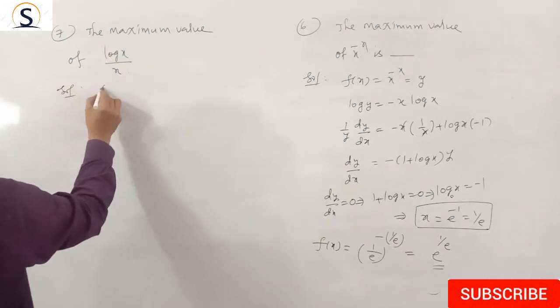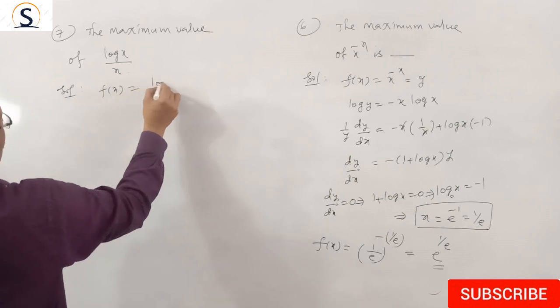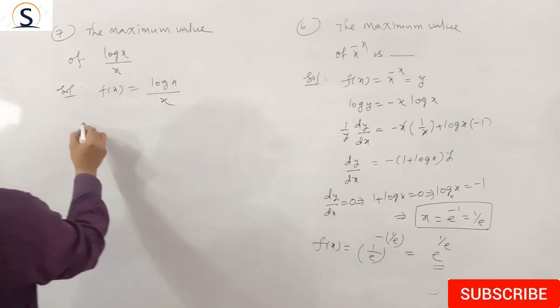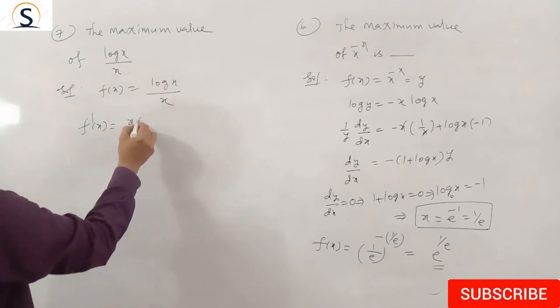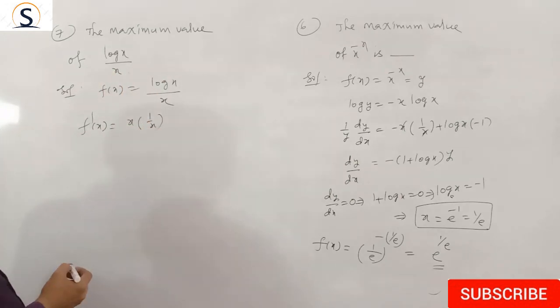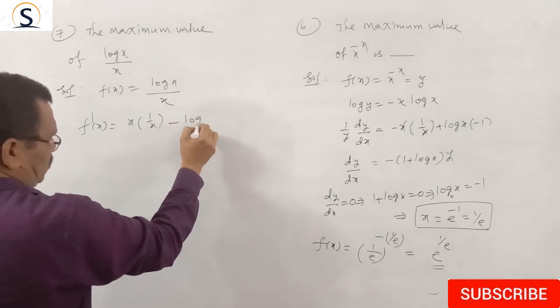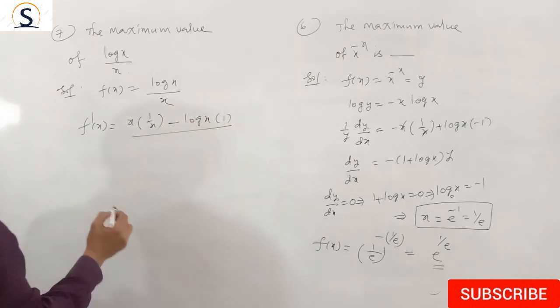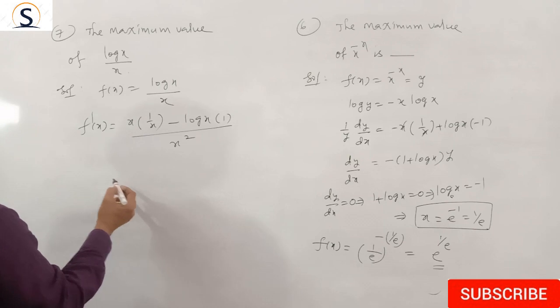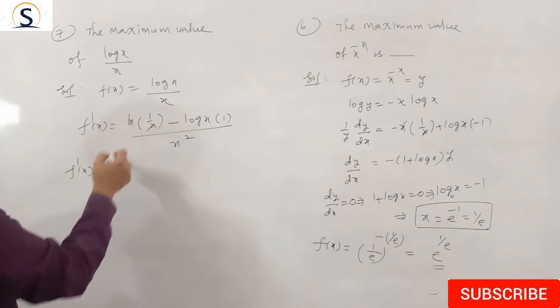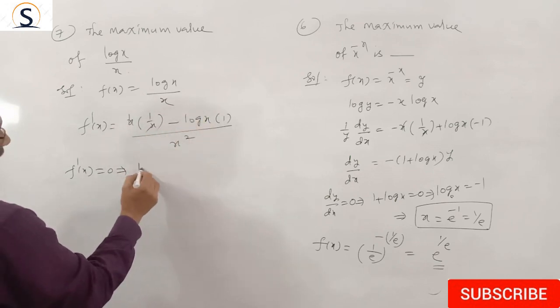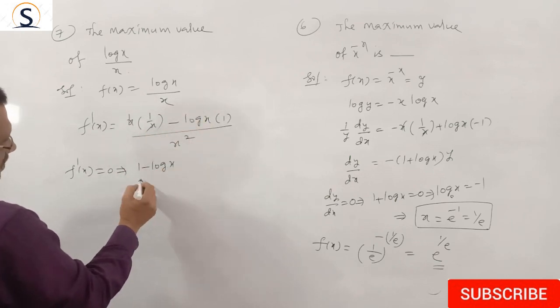Same, log x by x. f(x) is equal to log x by x. f dash of x is equal to u by v, so v into u dash minus u into v dash by v square, where v square is x square.